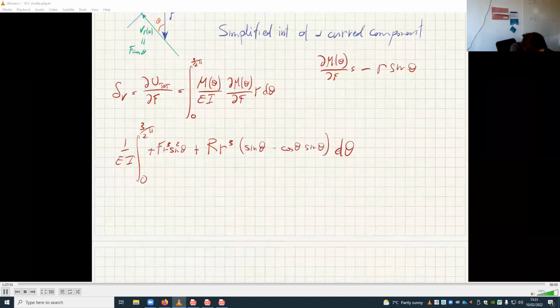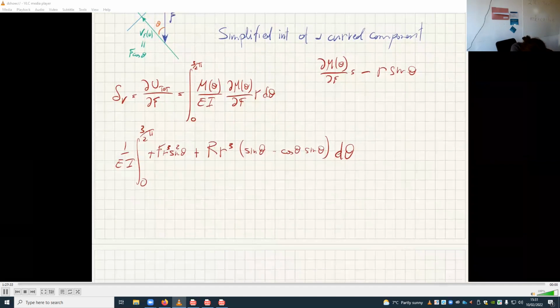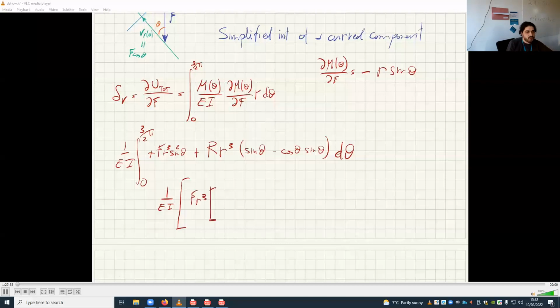So this one becomes 1 over EI times F r cubed times the integral of sine squared.